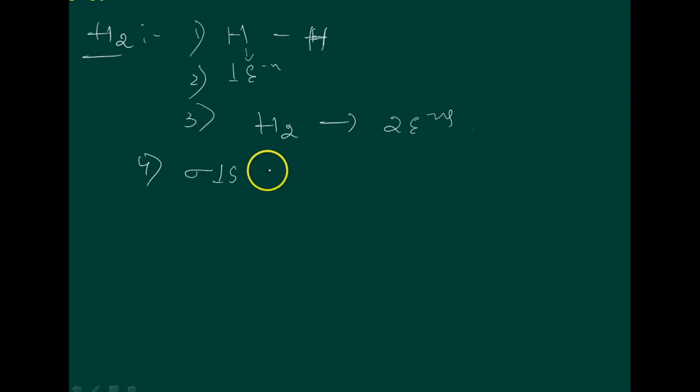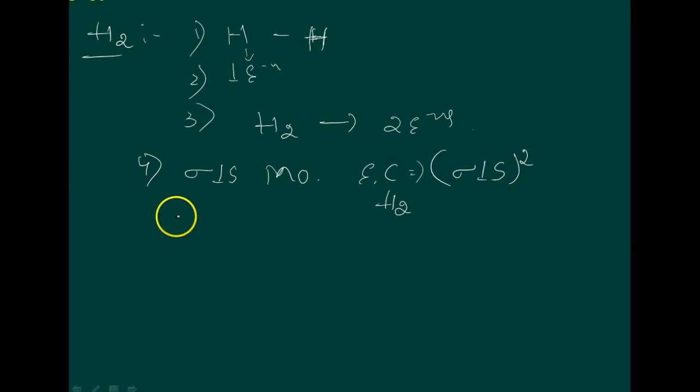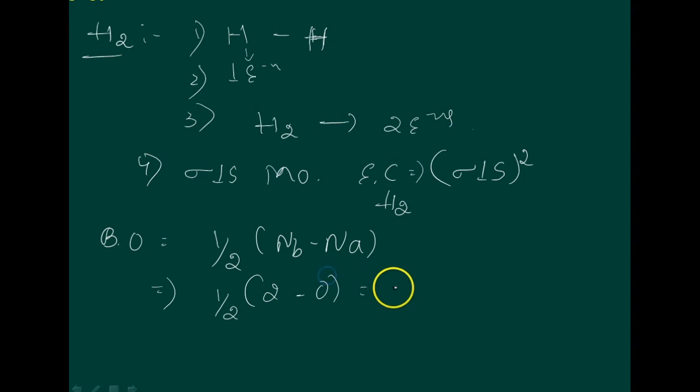So the electronic configuration of H2 is sigma 1s whole square. The bond order is half into Nb minus Na, that is half into 2 minus 0, which gives 1, representing a single covalent bond.